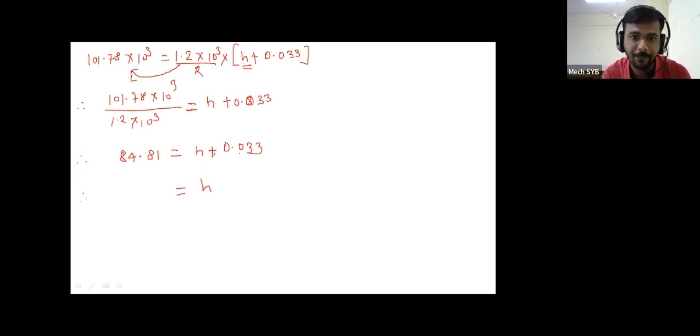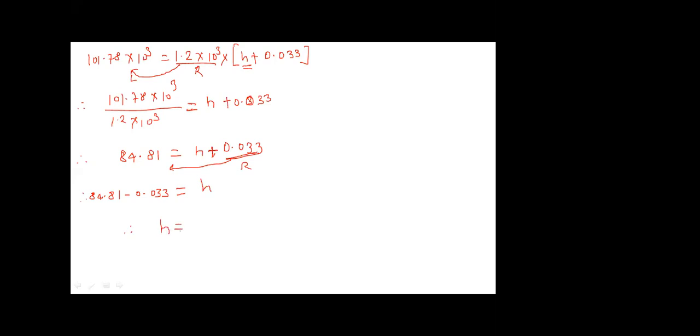The remaining term is 0.033, present at the right side. So while it is here it is positive; if we take that value to the left side, it becomes negative. That means 84.81 minus 0.033, and you will get height 84.78.